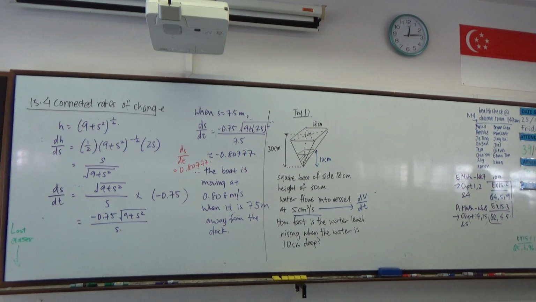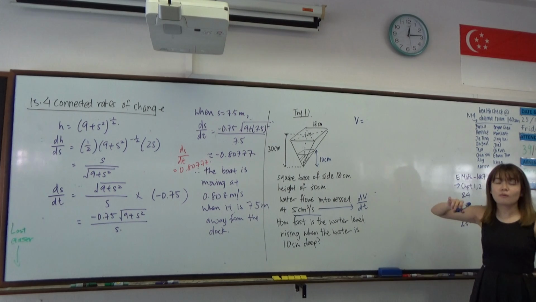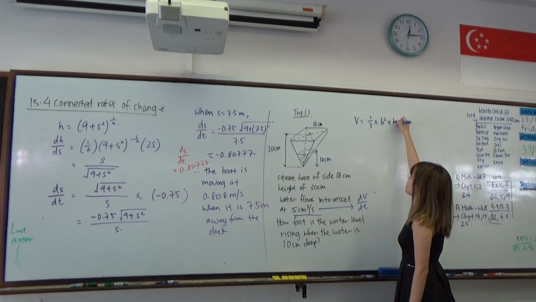So in this case, what formula would you be familiar with for the volume of a pyramid like that? What is the formula? V equals 1/3 times base area times height, right?